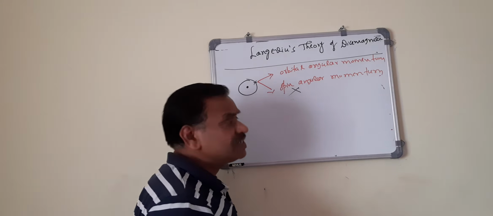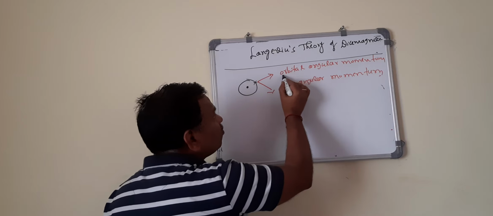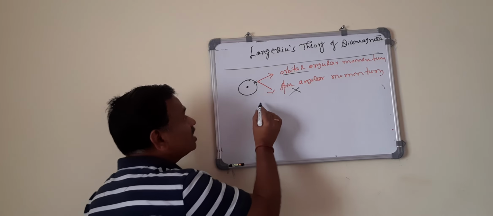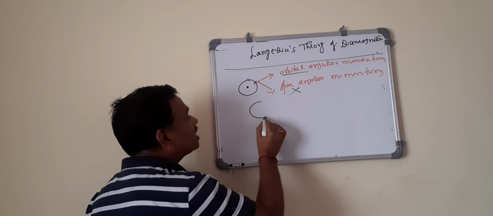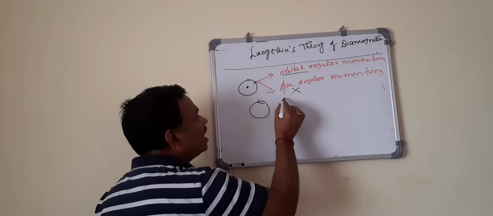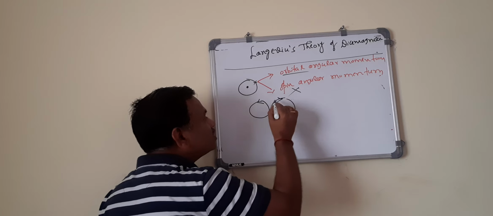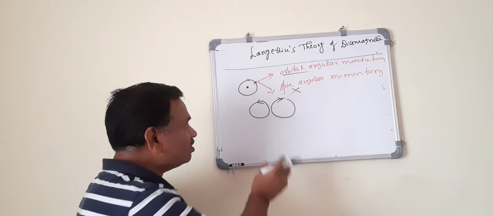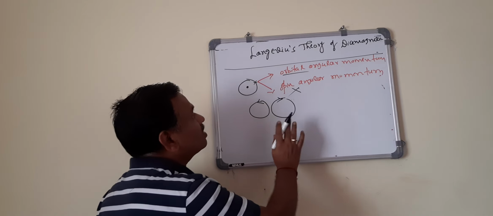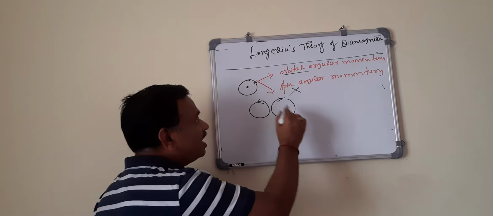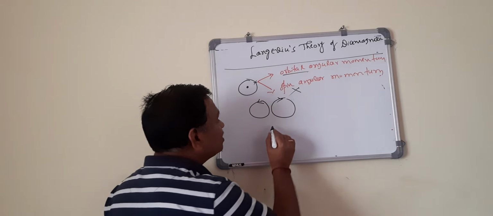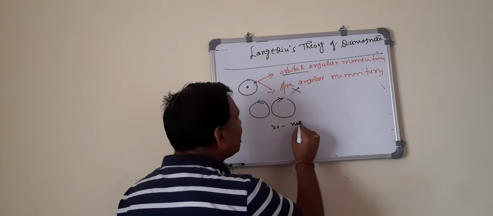You may ask about orbital angular momentum. Here also, one electron rotates in the clockwise direction and another rotates in the anti-clockwise direction. Because of this, the net orbital angular momentum is also 0.